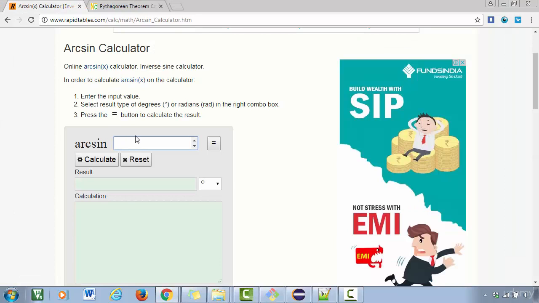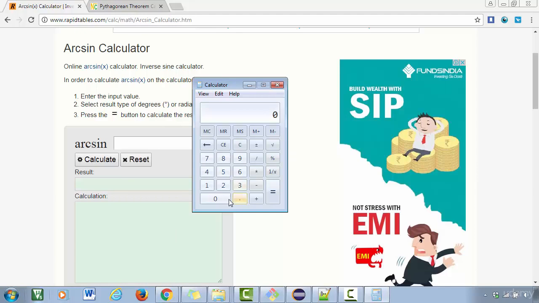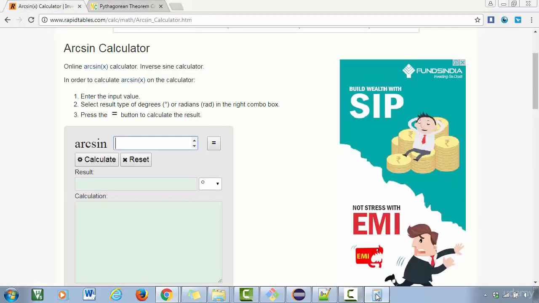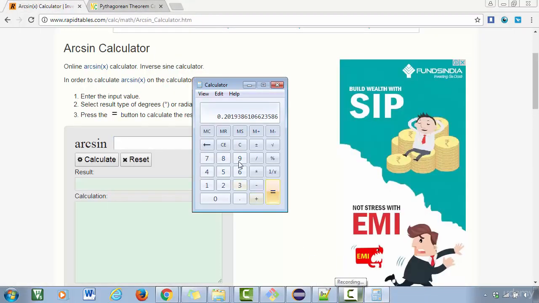So now I have an arc sine calculator, the inverse sine calculator, but it won't take divided by, so we have to calculate that manually. So y, which is 0.2, divided by this number. Let's copy this and paste here. It is equal to 0.2019.